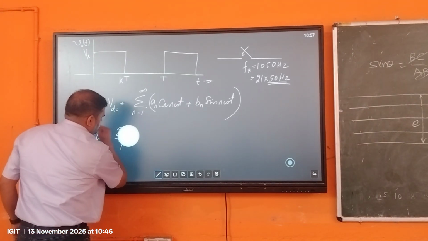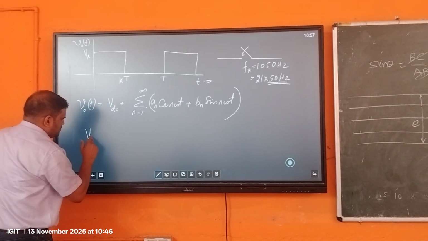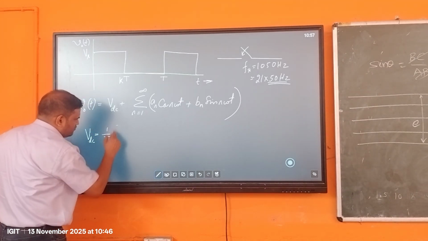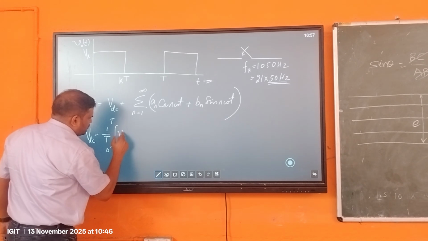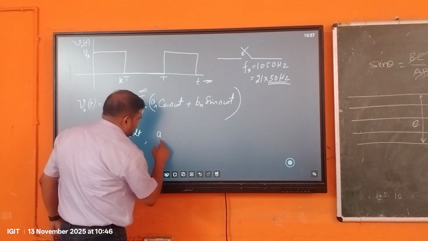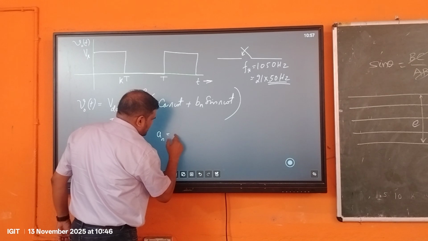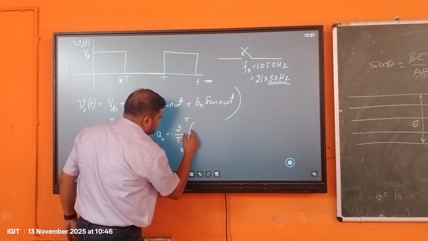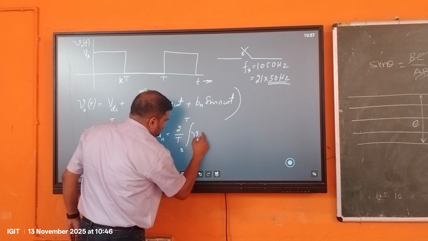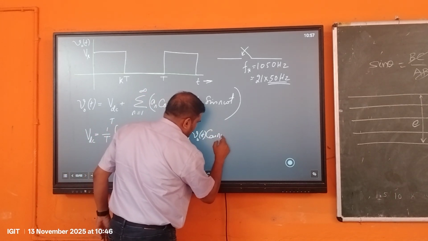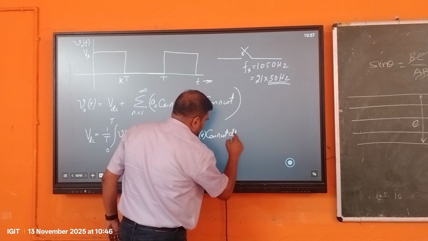Okay. What is the formula of VDC? VDC is the average voltage whatever we get. So that is nothing but 1 by T integration 0 to T V0T dt. Similarly, what is the formula of an? 1 by T by 2, that is 2 by T, integration of same 0 to T V0T cos n omega T dt, correct?